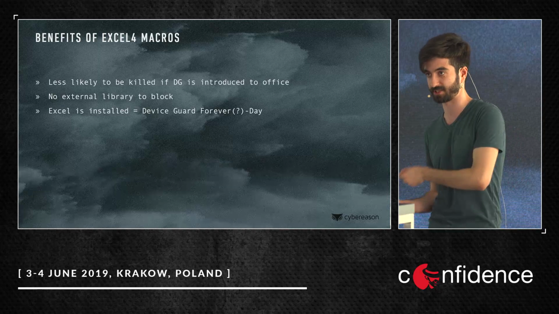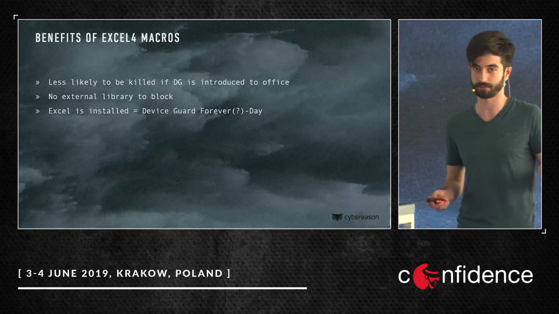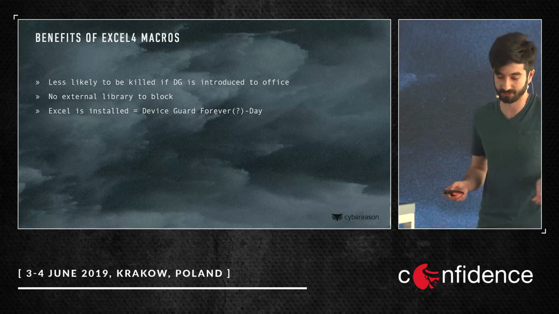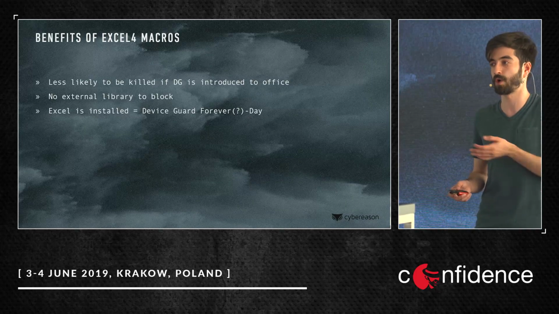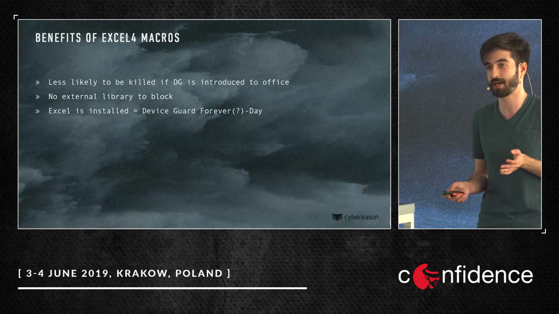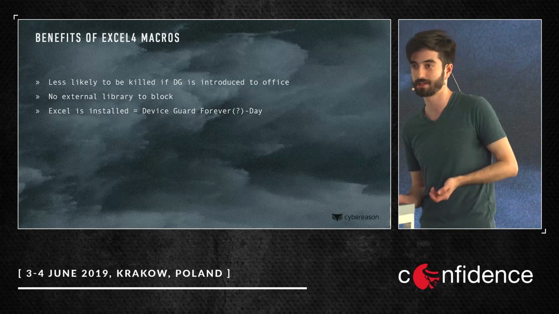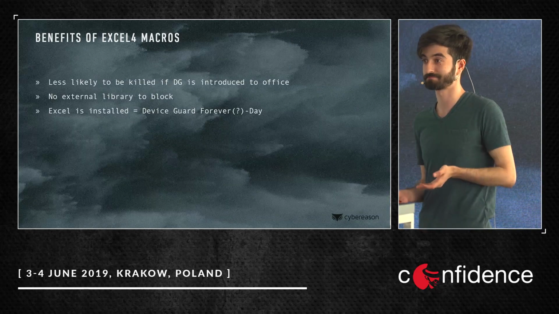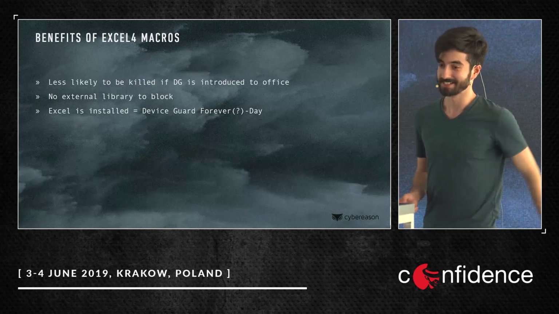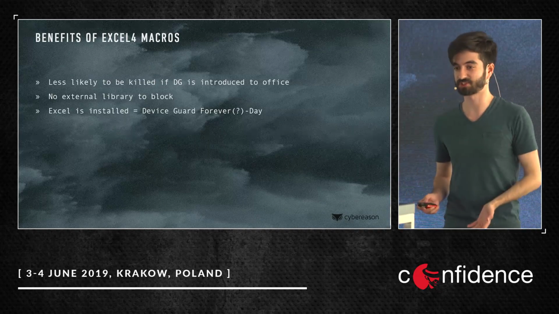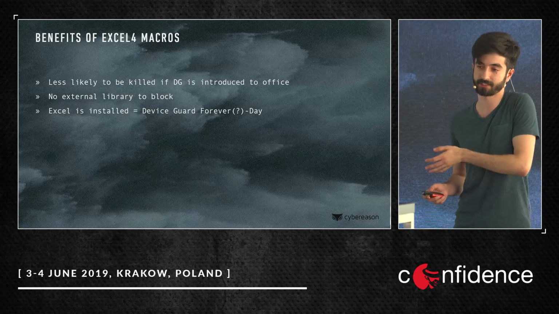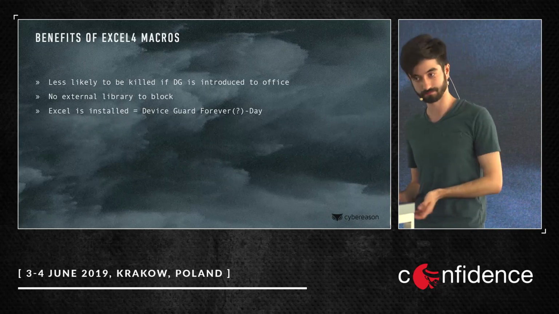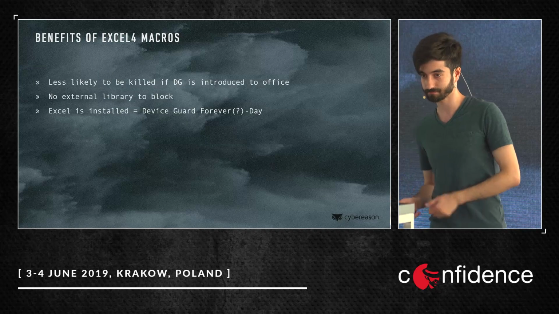If you have Excel on your machine and Microsoft doesn't decide to simply disable Excel 4.0 macros for everybody, which I think is a good idea, unless one of you uses Excel 4.0 macros for benign purposes, please raise your hand. Awesome. So no external library to block, meaning that as long as you have Excel, you basically have a Device Guard bypass for every day, which is pretty nice.